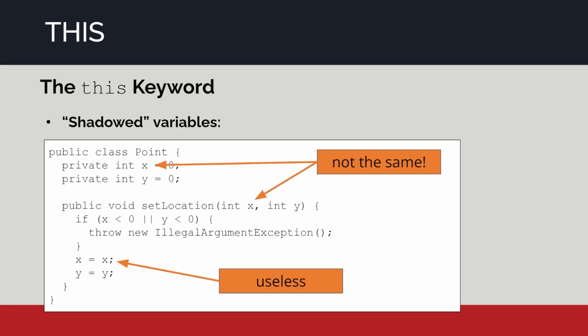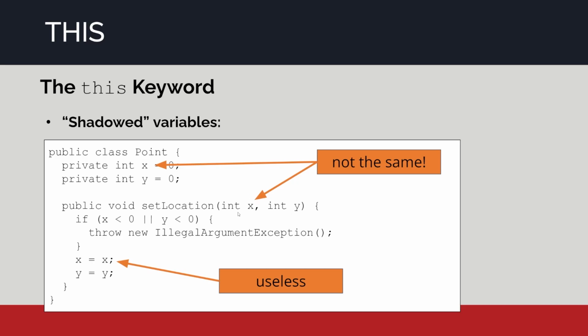What this is especially useful for is dealing with shadowed variables. So I have on this slide a new definition for the Point class, where in setLocation the only difference is that I've changed the names of the parameters that are passed in. I think setLocation used to use newX and newY.